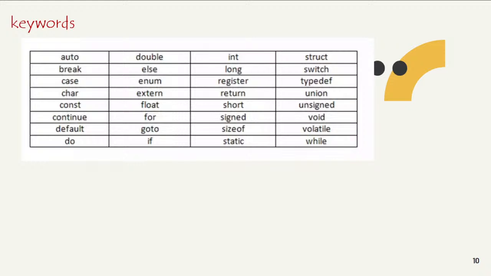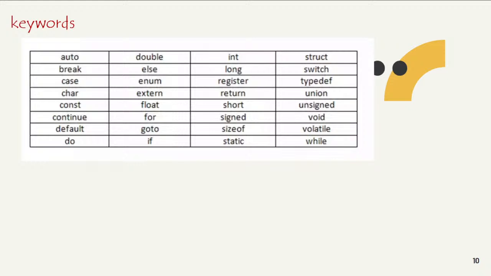So these are the 32 keywords available in C programming language, and each and every keyword is used for a specific purpose. So I can categorize all these keywords into multiple categories. Let's observe this. In C programming language, we use multiple concepts. For giving functionality to your C program, we can use control structures, which control the flow of execution.